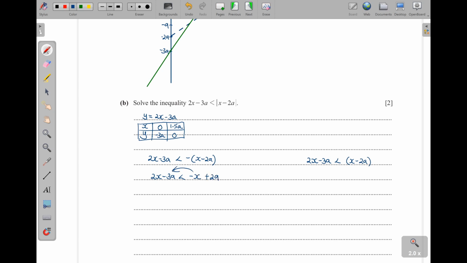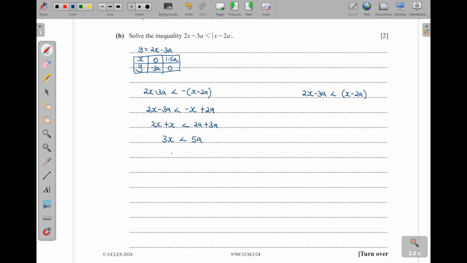Bring this one this side, collect like terms together. We shall have 2x, then plus the x, less than, take this one this side, it's a minus, so it is going to go there as a plus. So we have 2a, then plus 3a, meaning here we shall have 3x less than 5a. So our x is therefore going to be less than 5a over 3. That will be the answer.